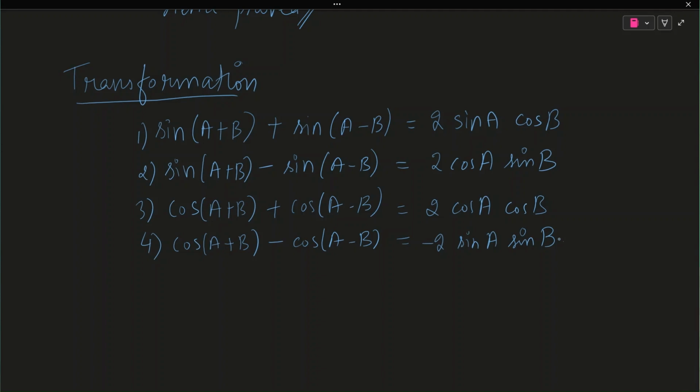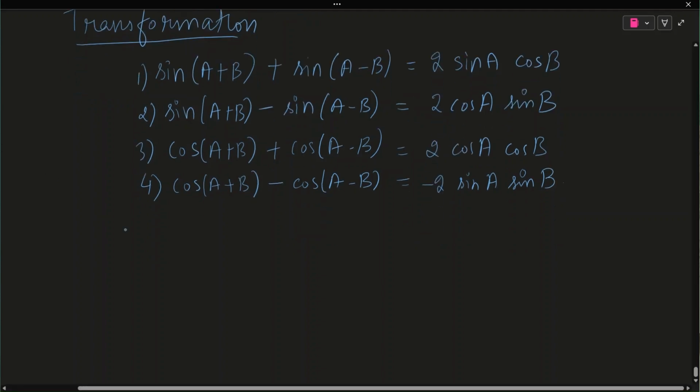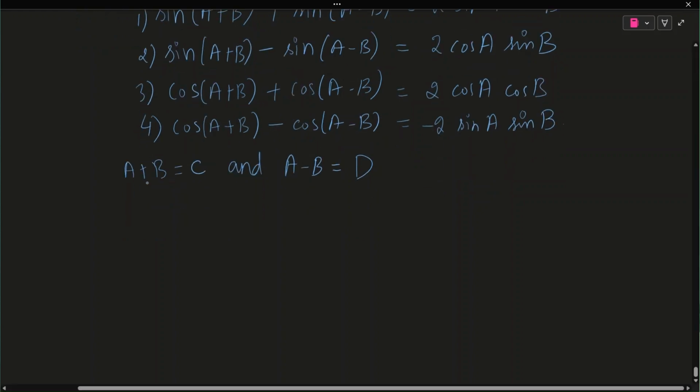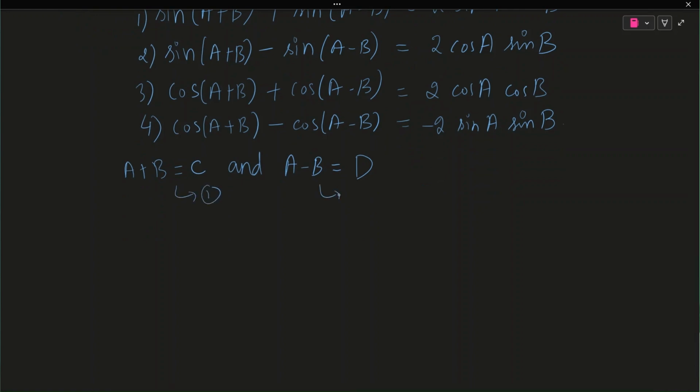So now let's substitute, and I would like to substitute a plus b as c and a minus b as d. Then if I add both of these equations, which means this is 1 and this is 2, if I add 1 plus 2, I would get 2a is equal to c plus d, which means a equal to c plus d by 2.